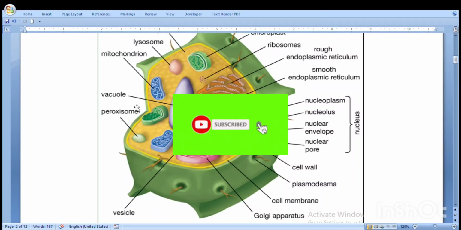Got it? This is the function of the tonoplast.